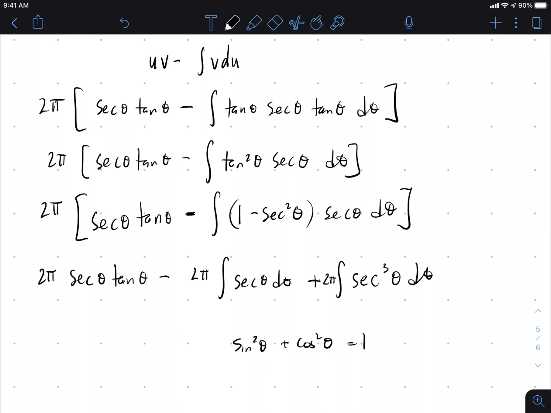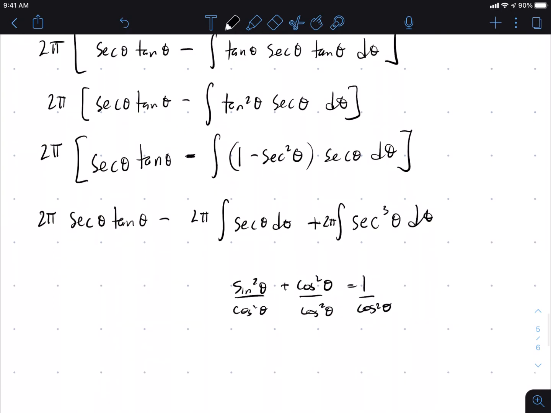So we want tangent, so I'm going to divide by cosine squared theta. Yep, I have it wrong, so perfect. This is tangent squared theta plus 1 is equal to secant squared theta. So then tangent squared theta is secant squared theta minus 1.